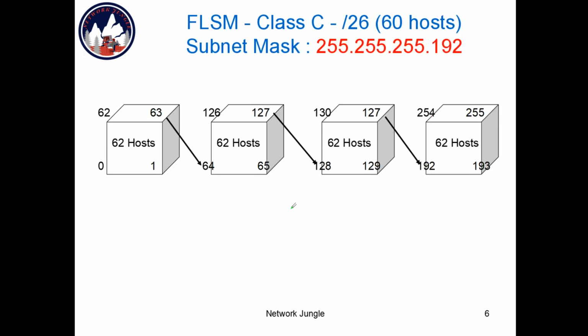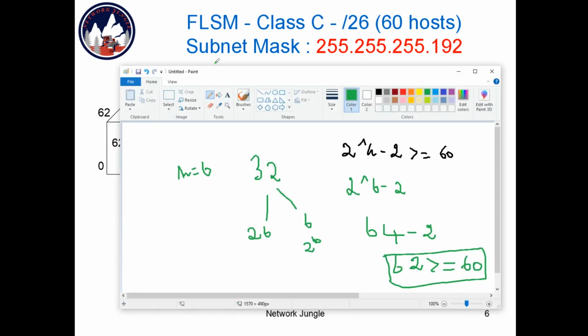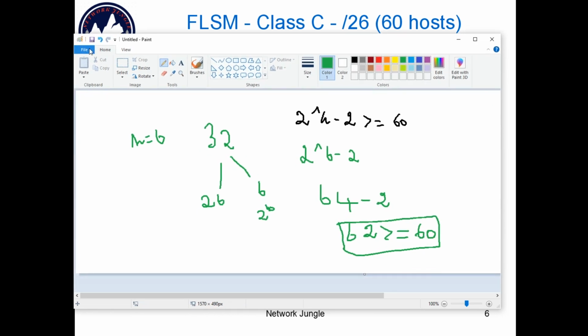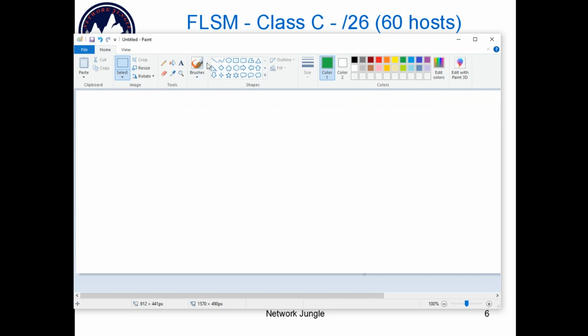Next, how to calculate the network address and broadcast address for the different subnets. Let's take Paint, so I can explain easily how to classify the different subnets. For example, draw a straight line. IPv4 is 32 bits, we already know.